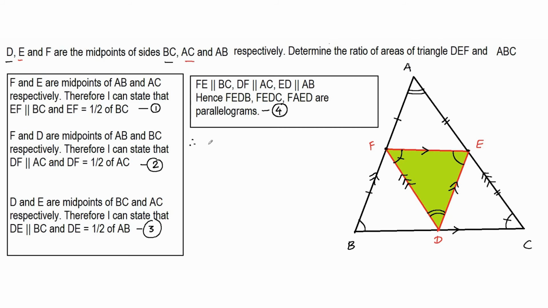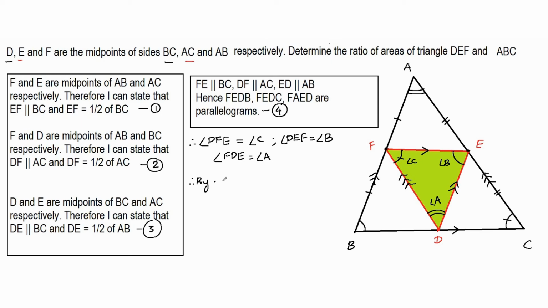And therefore, I was able to conclude that angle DFE was equal to angle C, angle DEF was equal to angle B, and angle FDE was equal to angle A, right? So this was equal to angle A, this was equal to angle C, and this is equal to angle B.